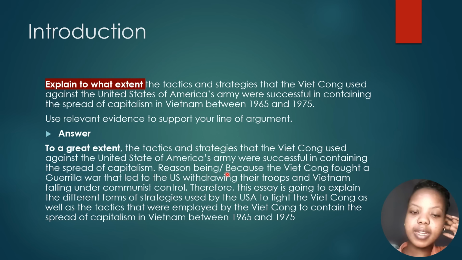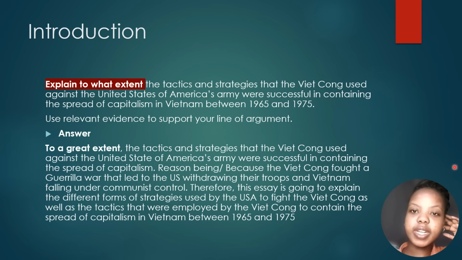Thereafter, you need to provide a reason, which is your step number 2. You can say reason being, or you can just say because. In this case, we said because the Viet Cong fought a guerrilla war that led to the US withdrawing their troops and Vietnam falling under communist control. So can you see step number 2 is done.